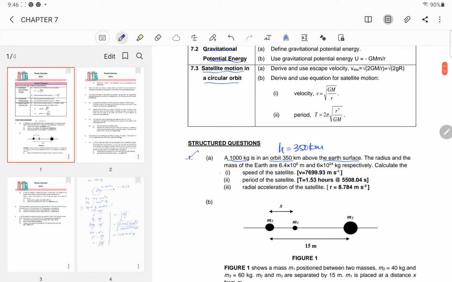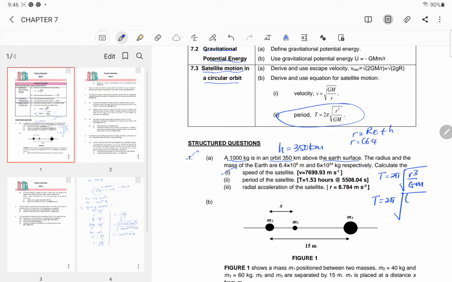Okay, now we look at finding the period. We already know the formula for period, which is T equal to 2 pi square root of R cubed over GM. So T is equal to 2 pi. Okay, what was your R? R is equal to radius of Earth plus altitude.